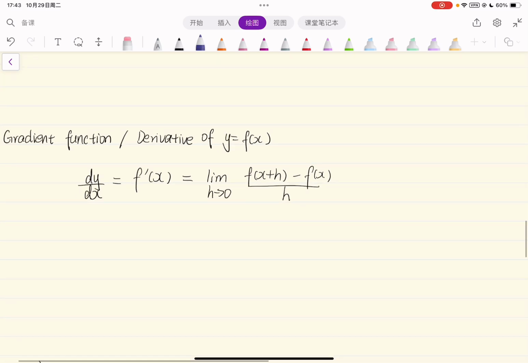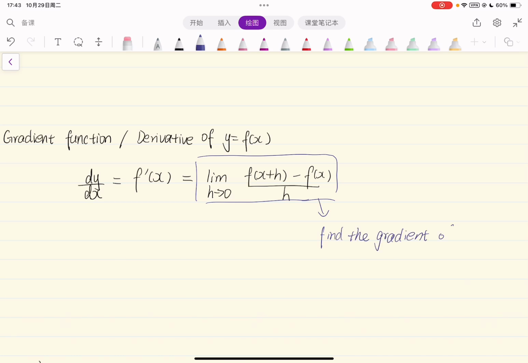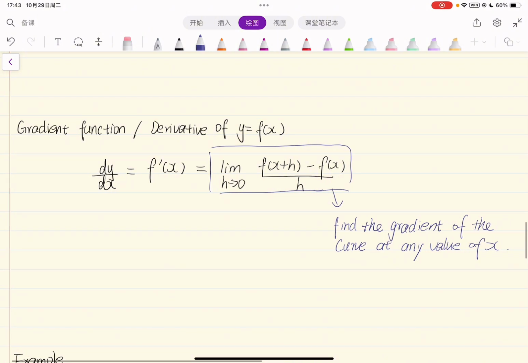This is used to find the gradient of the curve at any value of x. It is also named differentiating from first principles.